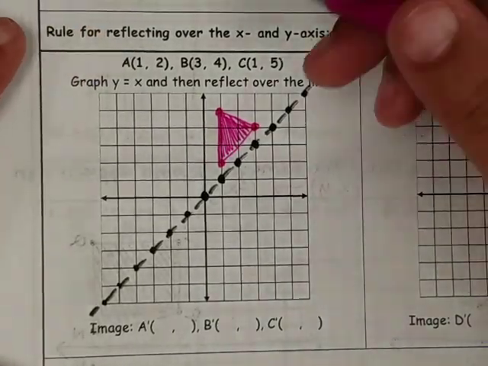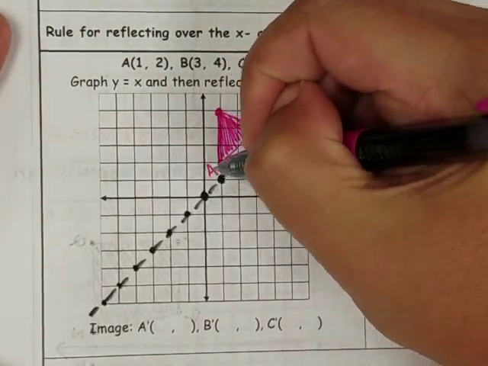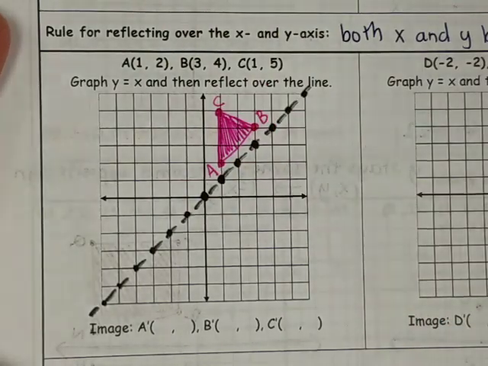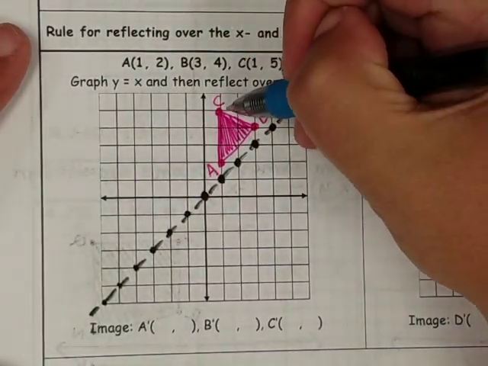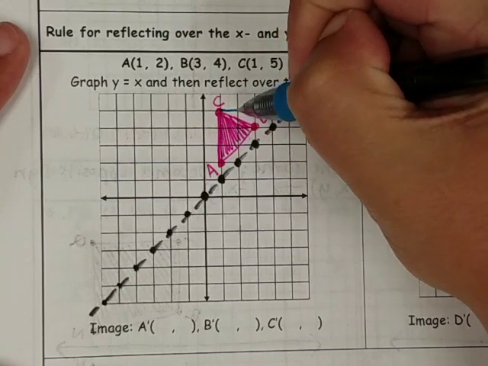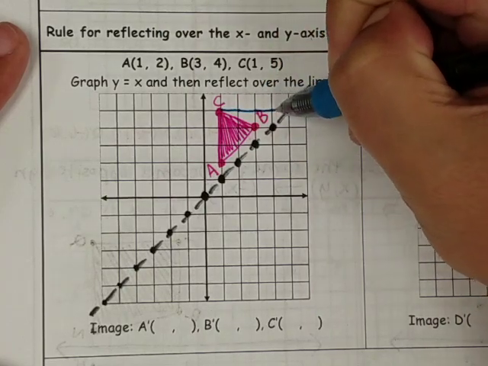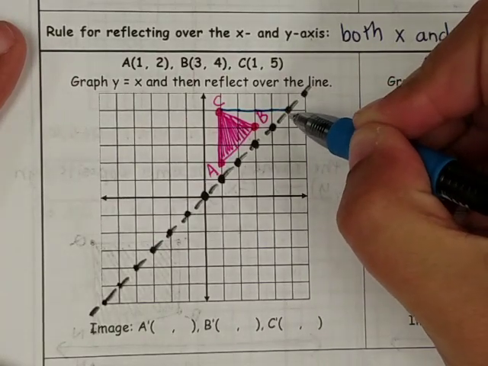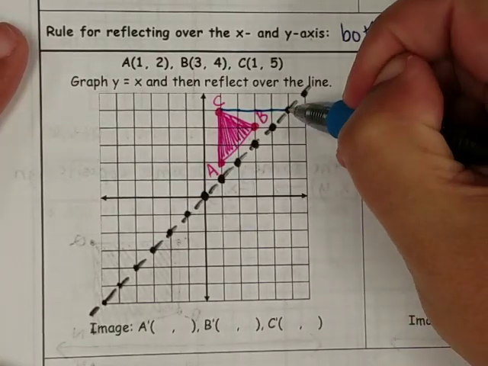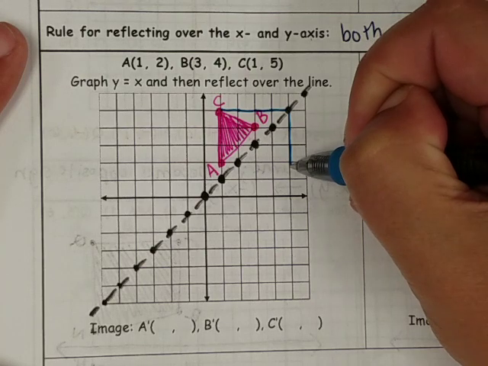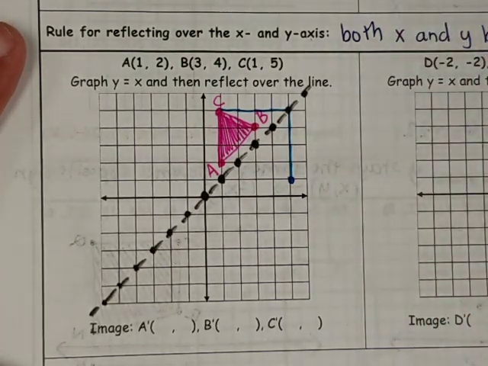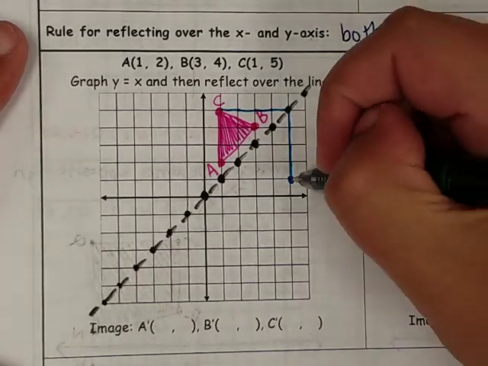And before we do that, let's label A, B, C. So C, let's start with that one, is 1, 2, 3, 4 places away that way. So to do the reflection, we're going to count 4 down this way. 1, 2, 3, 4. And then we can put our point for C. Let me use a different color for that.